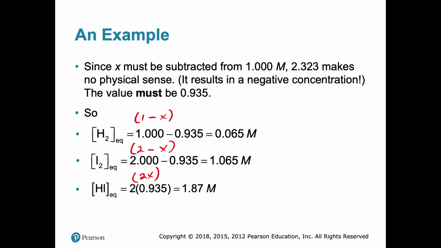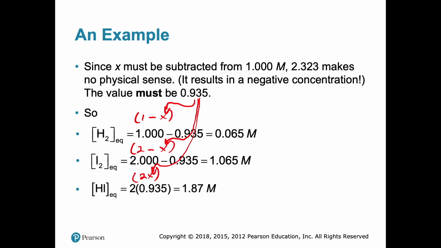So all you do now is plug in the 0.935 into that x, into that x, into that x. When you do that, you end up with your equilibrium concentrations.